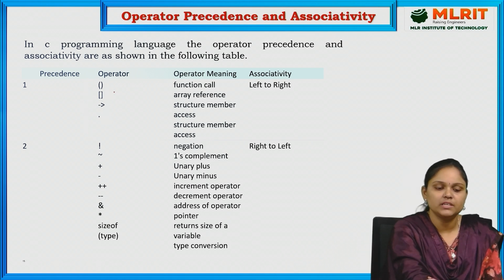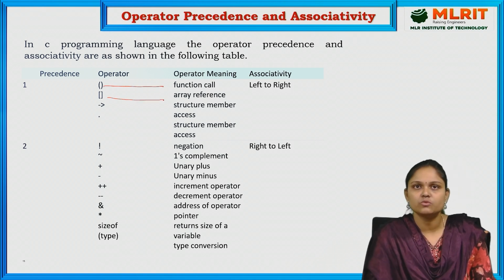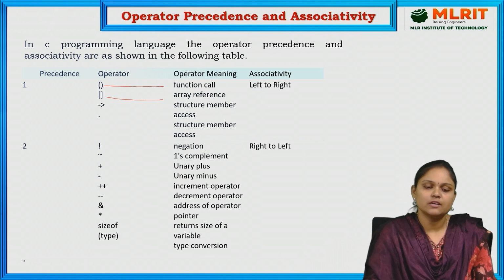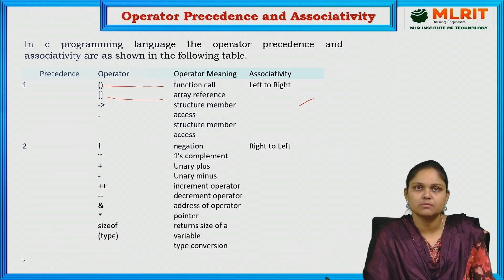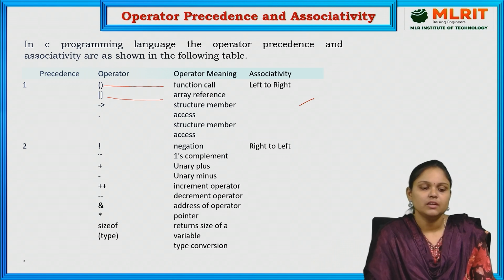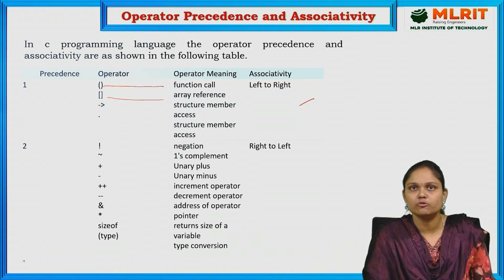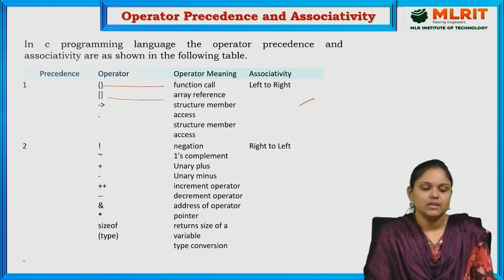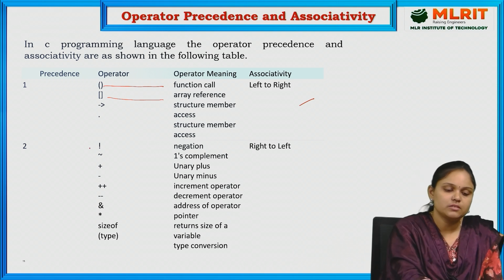One operator is for function calls, one is for array references, and the next two are used with structures. The associativity is left to right. So when an expression contains these operators, the order is to solve from left to right.